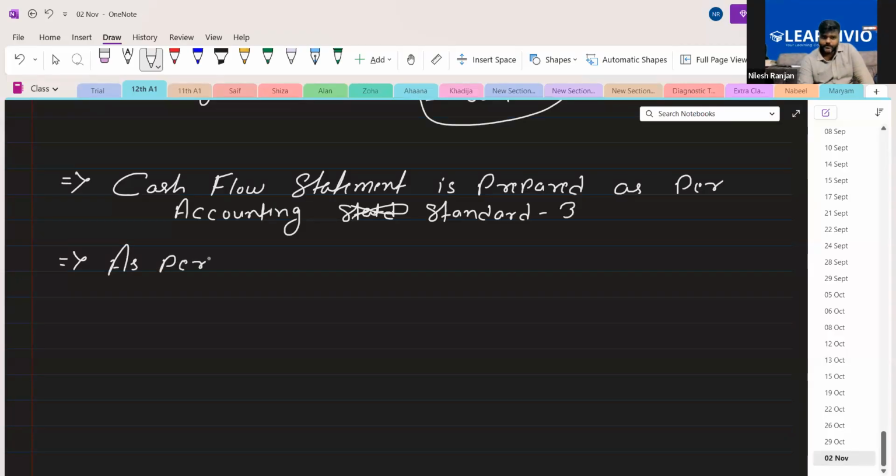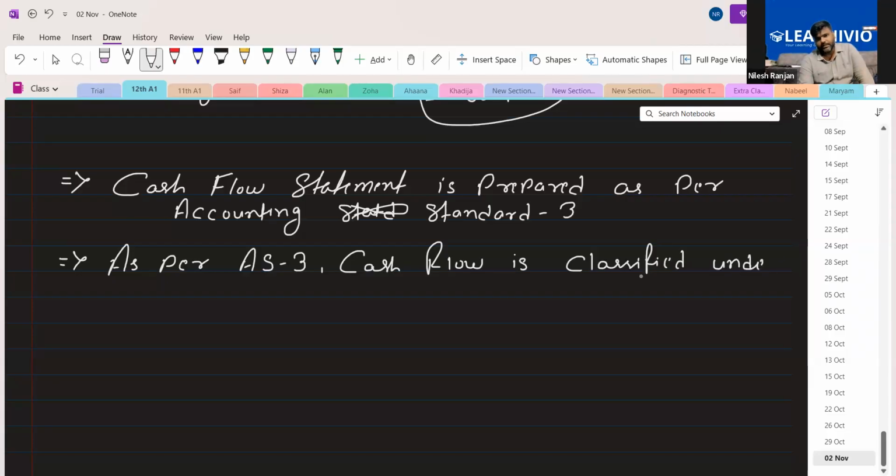So as per accounting standard 3, cash flow is classified under 3 categories.